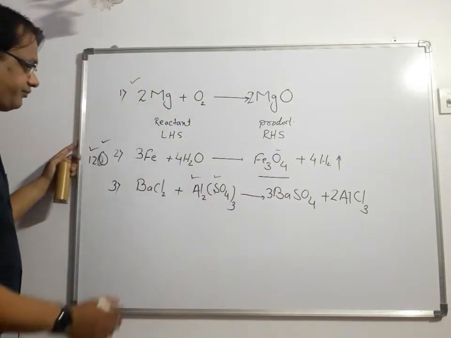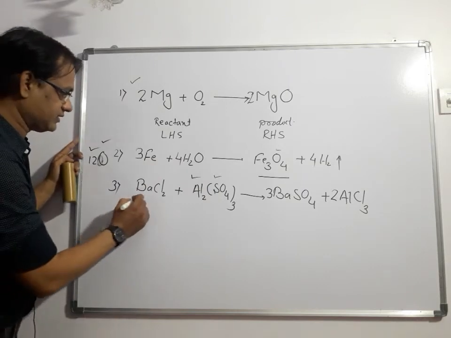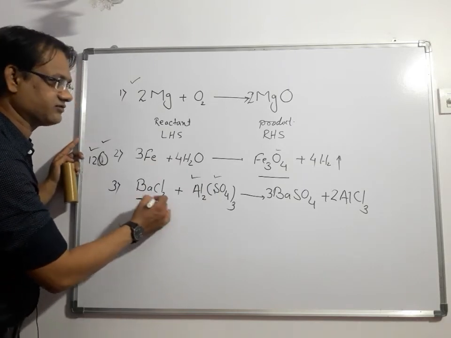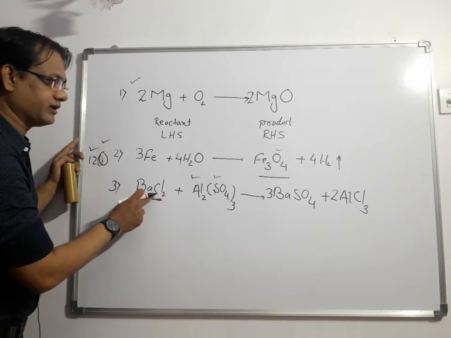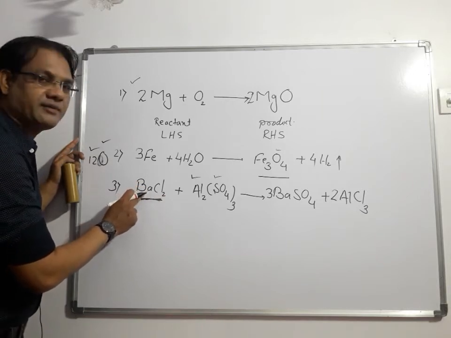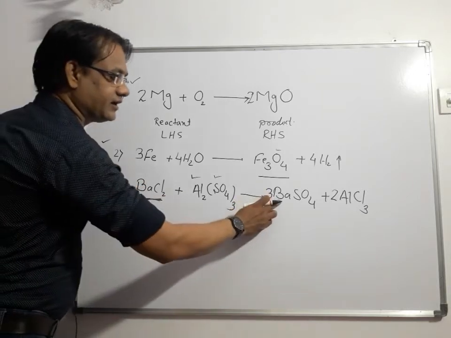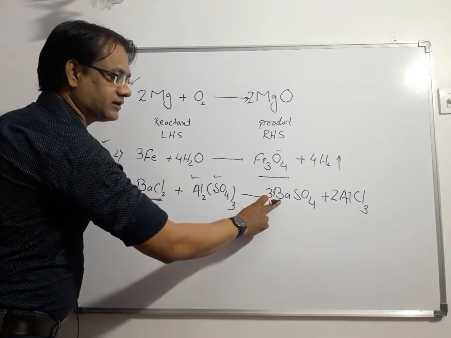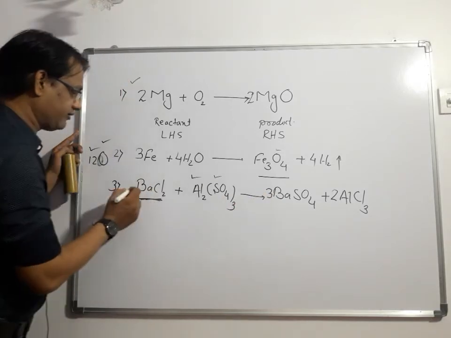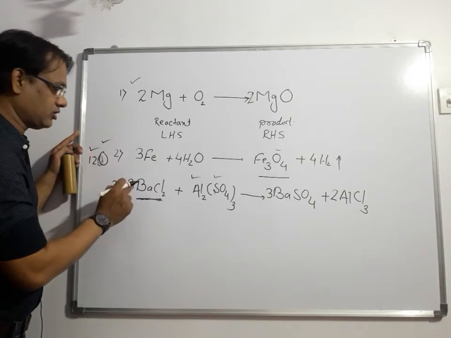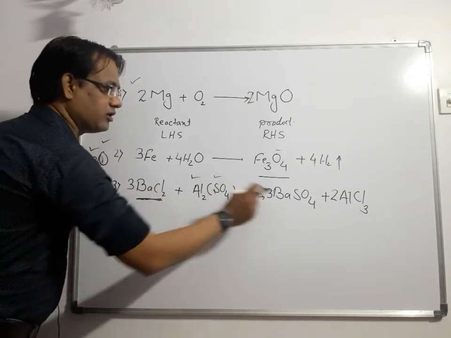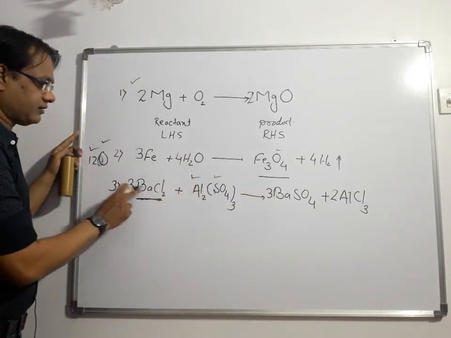Now what is balanced so far? We have to balance this one, that is barium and chlorine. Here only 1 barium is there and here 3 bariums are there. So I will put 3 here. So now the barium is also balanced. Now what will remain?